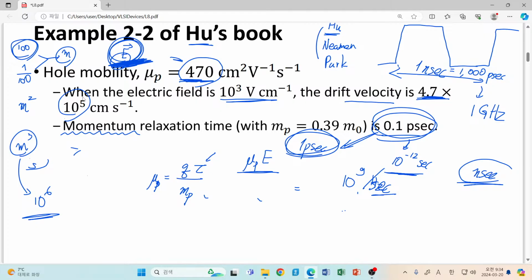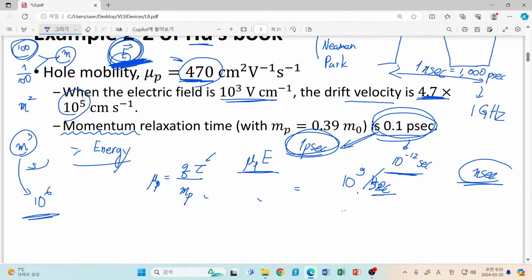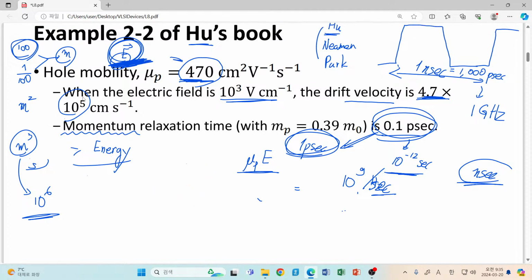However, your electron or hole may have another important quantity. Please think about this one. Another quantity it can have is energy. Energy is a somewhat different quantity. Then maybe you may guess, since both of them are relaxation times, maybe they are in a similar range.